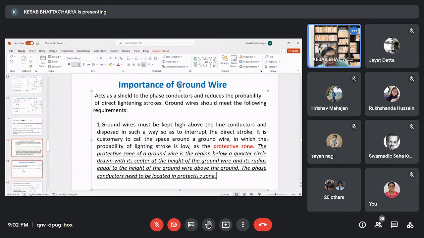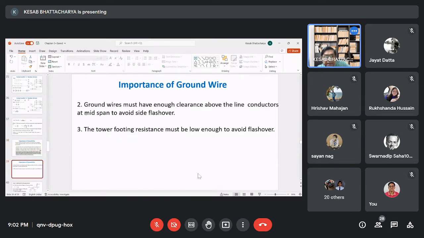Okay. Next, these are the two other requirements. Groundwires must have enough clearance above the line conductors at mid-span to avoid side flashover. The ground wires are maintained at ground potential.